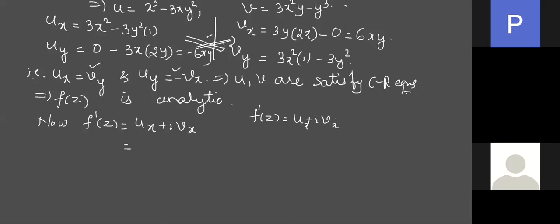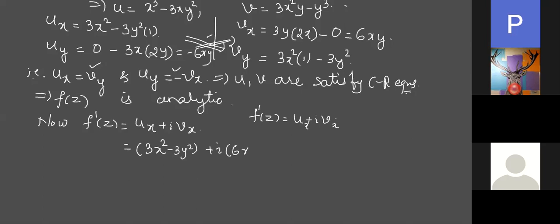Now, ux and vx are already there, which we have found. Let us substitute. ux is 3x square minus 3y square, and vx is 6xy.